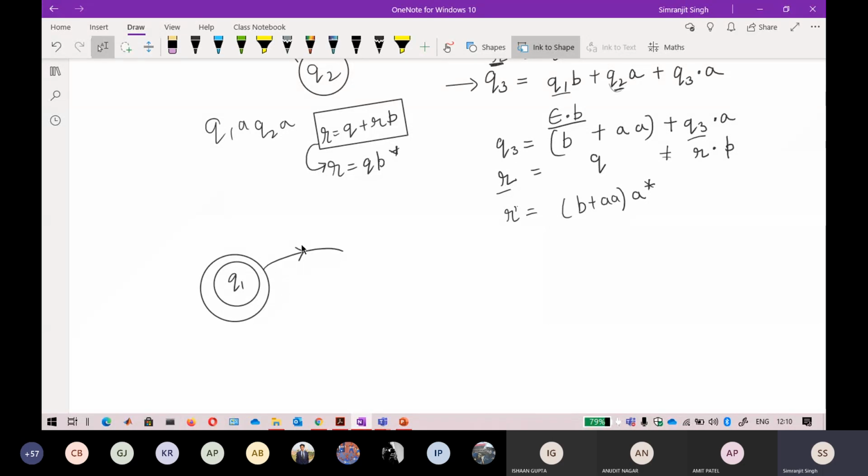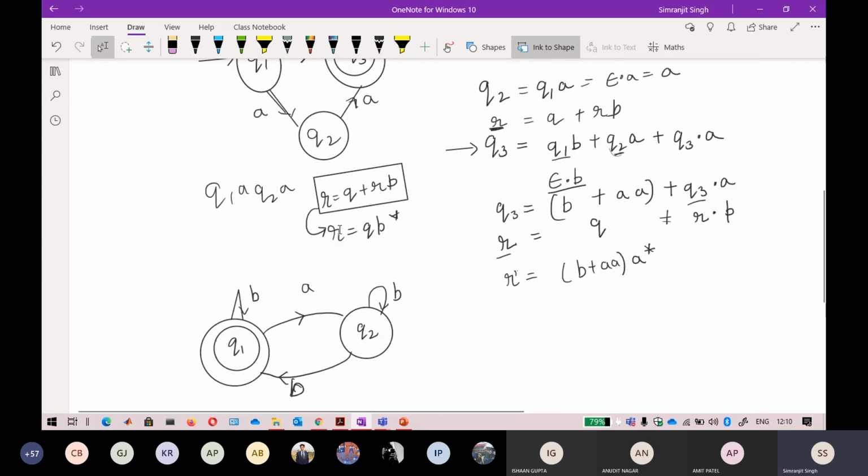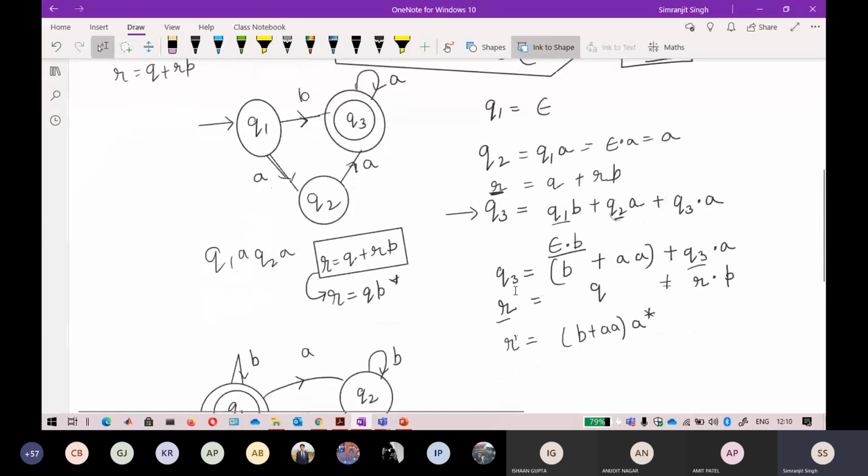Again, you should try to convert the expression into the form of Q plus RP. That expression can be anywhere. Keep in mind that I don't mean you will only see that expression at q3. That expression can also be possible at q2. So if you are able to see the pattern, you apply the solution of Arden's theorem there also.